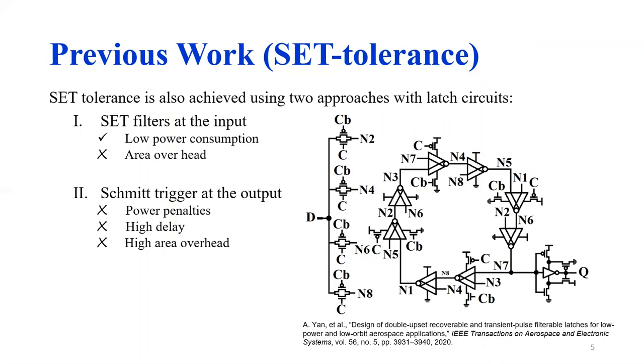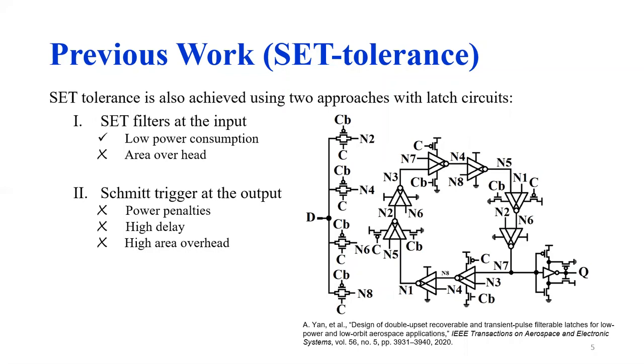SET tolerance is also achieved in latch circuits using two approaches: SET filters at the input and Schmitt-Trigger based SET filters at the outputs. Some previous work uses SET filters at the input of the latch, which come with lower power consumption but result in area overhead, like the example that we are showing here.